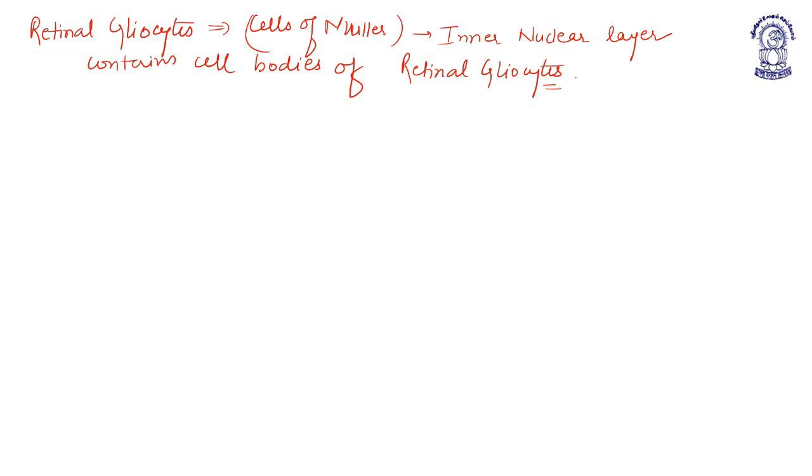These cells of Mueller form numerous protoplasmic processes extending through the external and internal limiting membranes. So they merge to the external or the internal limiting membranes.